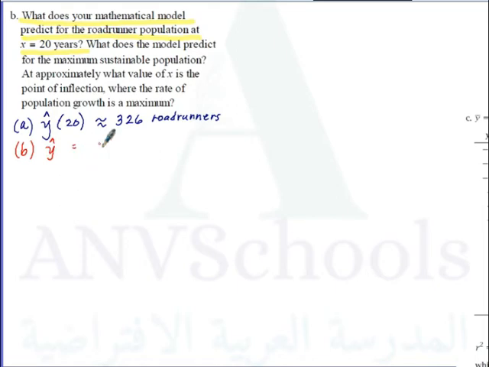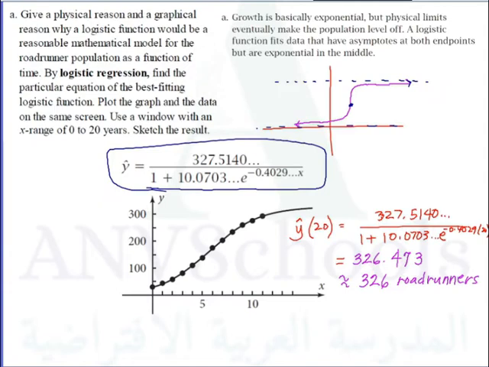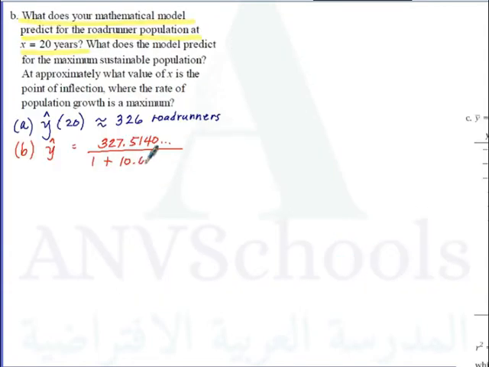Y hat is equal to 327.5140 over 1 plus 10.0703 e raised to negative 0.4029x. So if x is very large, if x approaches infinity, then what would happen to our e?